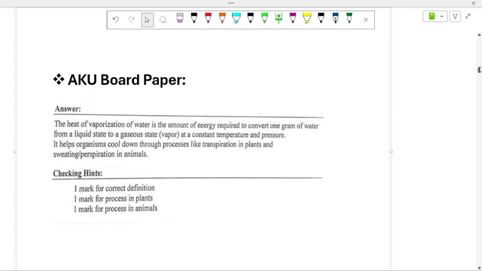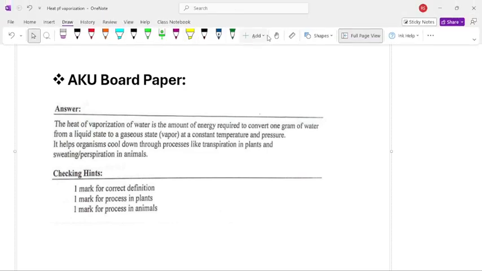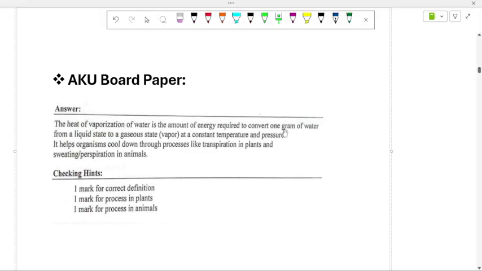As we have discussed the definition before, heat of vaporization is basically the amount of heat you are giving from outside. And to whom are you giving this energy? Basically you are giving this energy to water molecules, as mentioned, 1 gram of water, and this energy is converting the state of water.